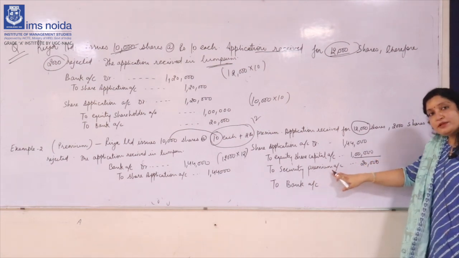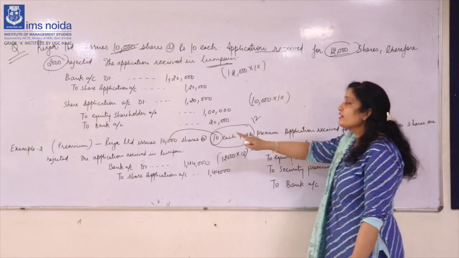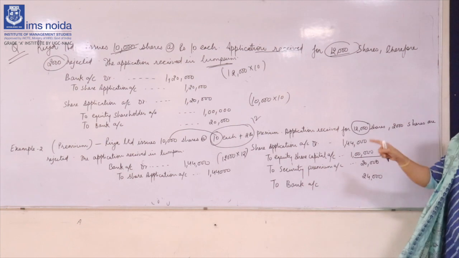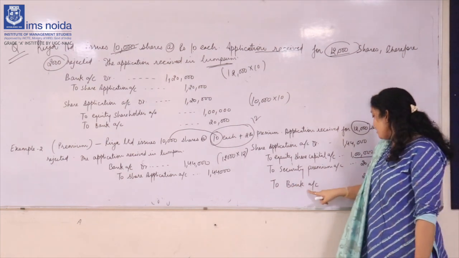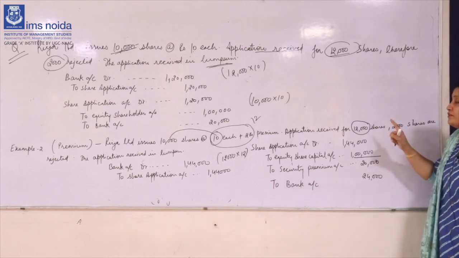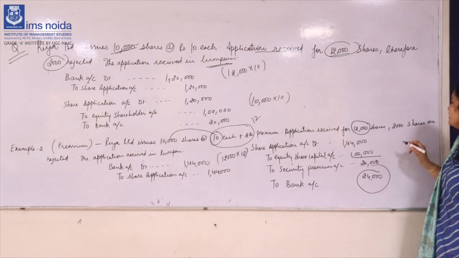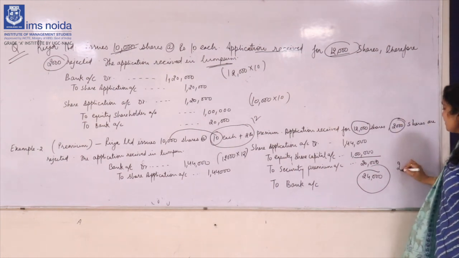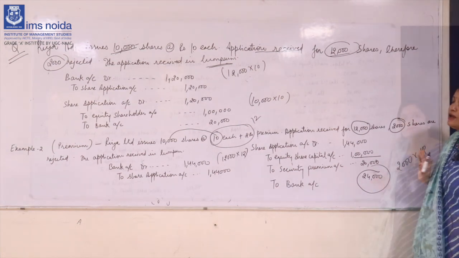Now security premium, in which the premium amount will come. So how many shares are there? 10,000 shares at 2 rupees premium. 2 into 10,000 will come 20,000. Now to bank account, we need to return 24,000 to the shareholder, because 2,000 shares multiplied by 12, we will get 24,000.